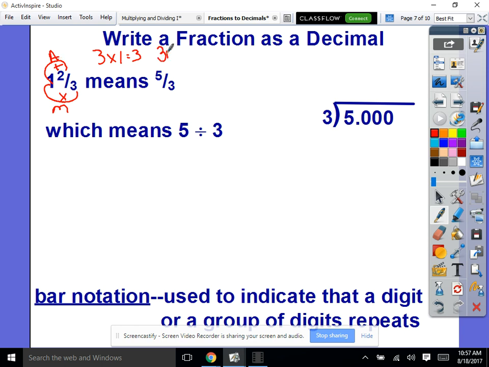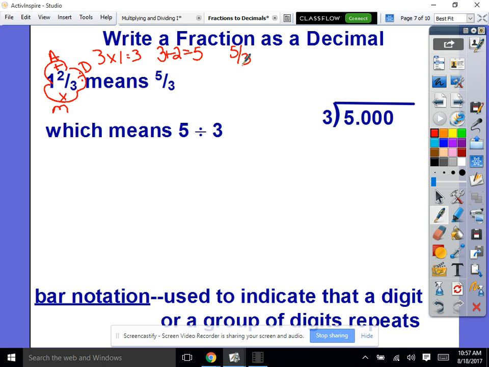So 3 plus 2 equals 5. And then you divide by the denominator. So that would be 5/3, which means 5 divided by 3.